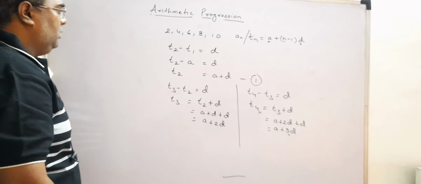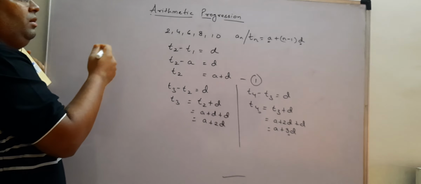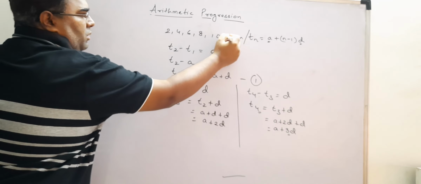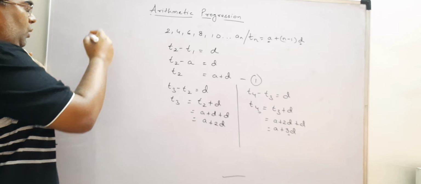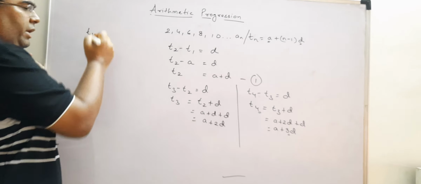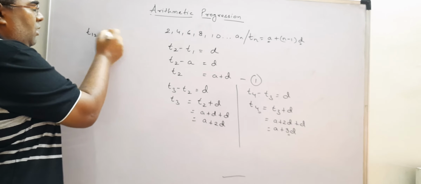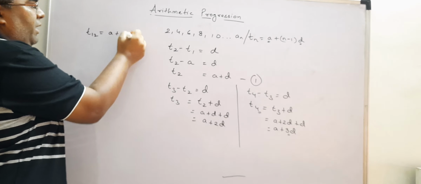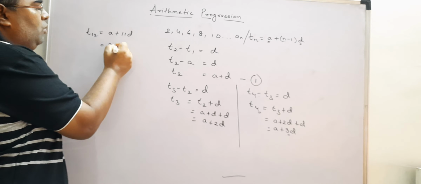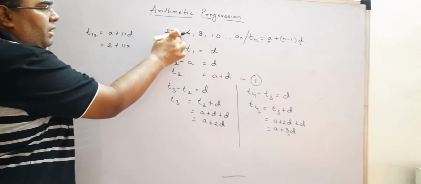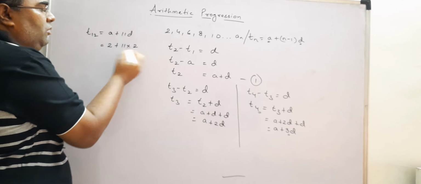So suppose somebody asks you to find the 12th term. Find the 12th term. 12th term means T12. T12 will be A plus 11D, one less. Okay. So A is my 2, 11. What is D here? D will be 2.